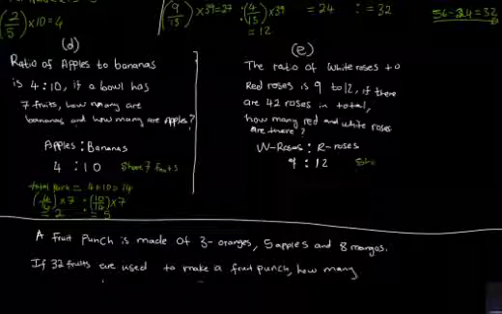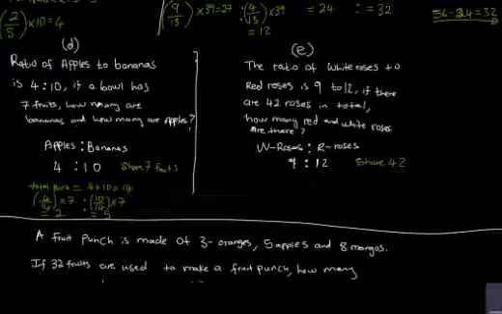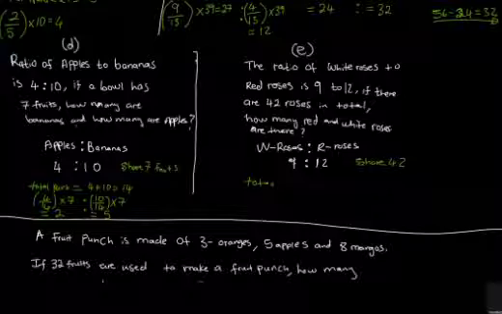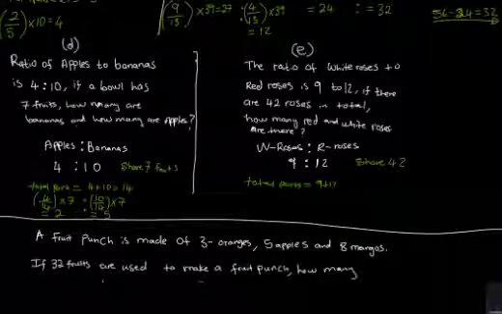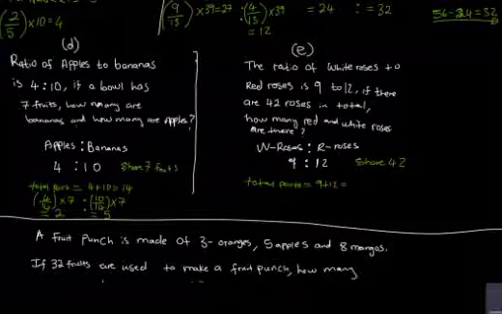So you need to share 42. And then afterwards you will say, what is the total parts? Total parts is therefore equal to 9 plus 12, which is obviously 21.